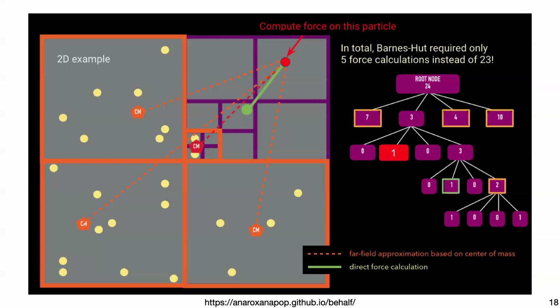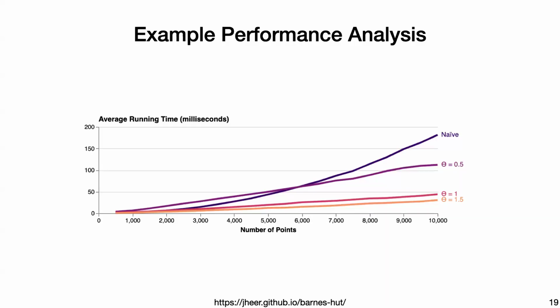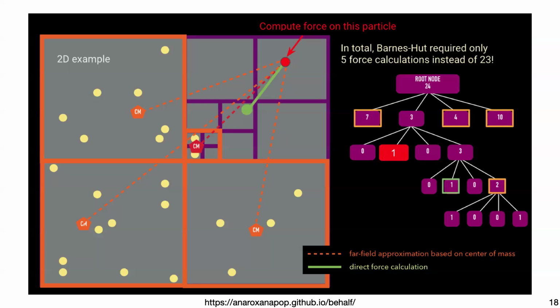And this is going to happen for every point in the entire simulation. So this example was just 1. We computed the force of everyone onto here, but we're going to repeat it for every other point in the simulation. Yeah, and the point is that in total there are 24 points.